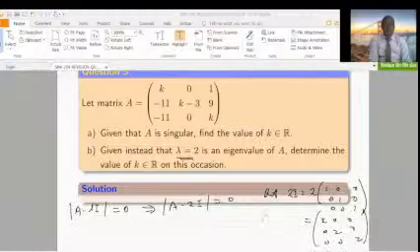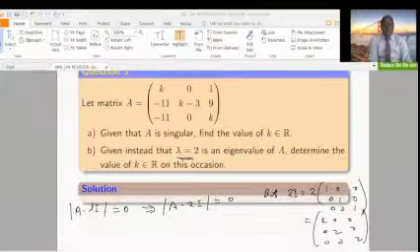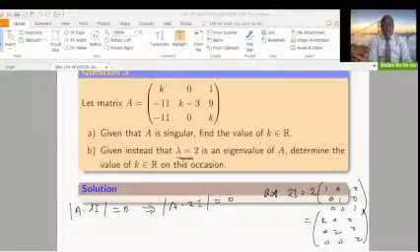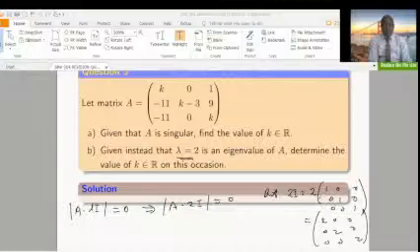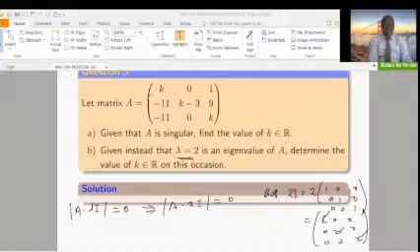So this 2I that I'm subtracting from matrix A is the same as subtracting 2 from this leading diagonal, because this 2 will be subtracted from this K, this 2 from this, and this 2 from this.